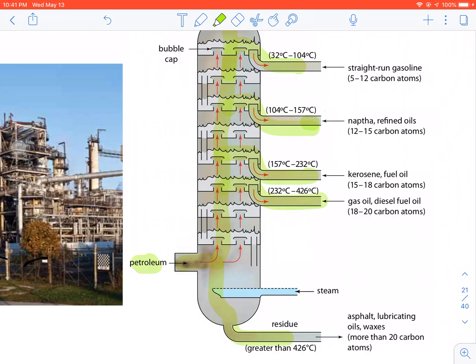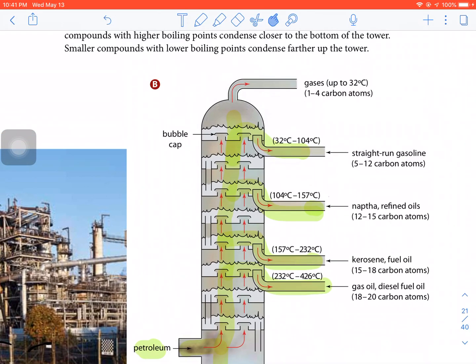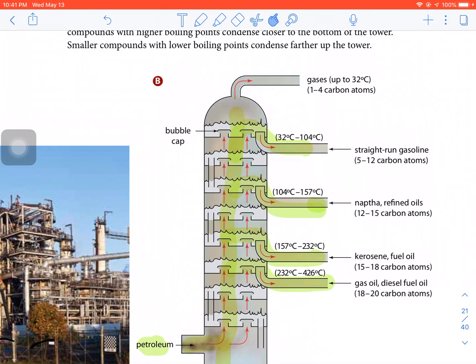And at the very top, we can see that the lightest gases will go to the top, and we'll collect them as gases at the very top. The methane, ethane, propane, and butane, right? C1 to C4.